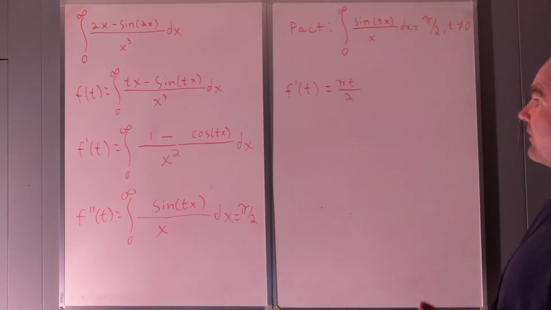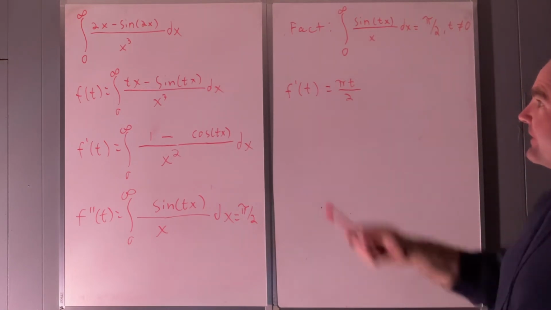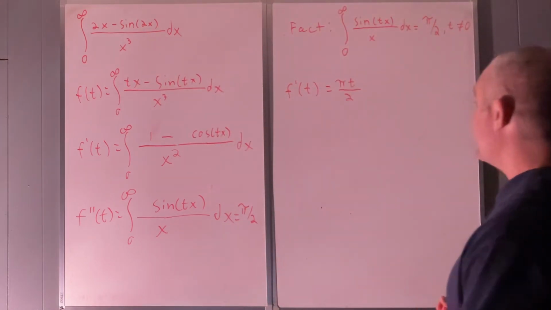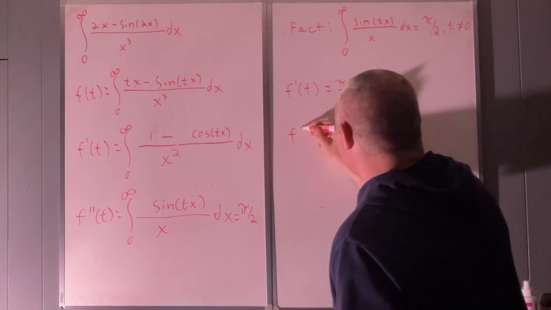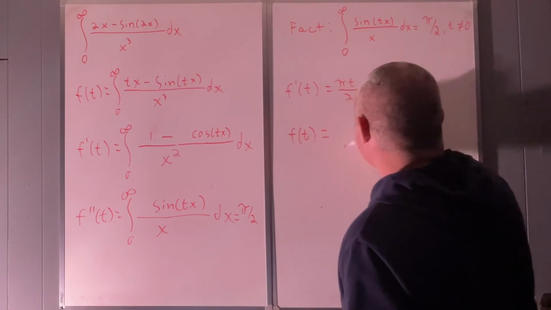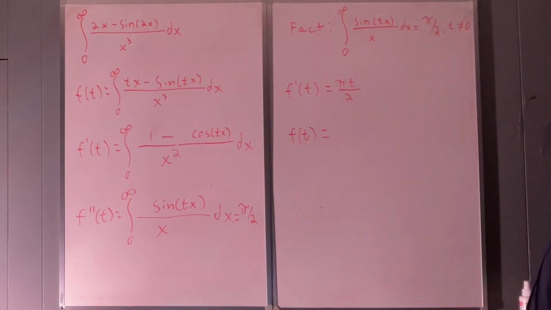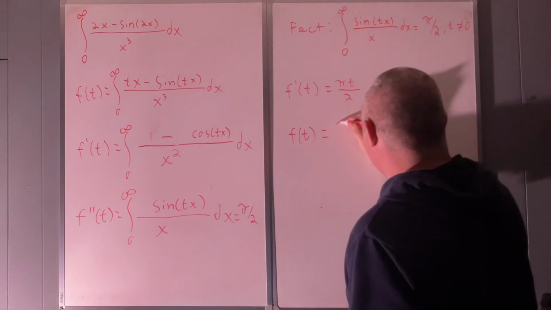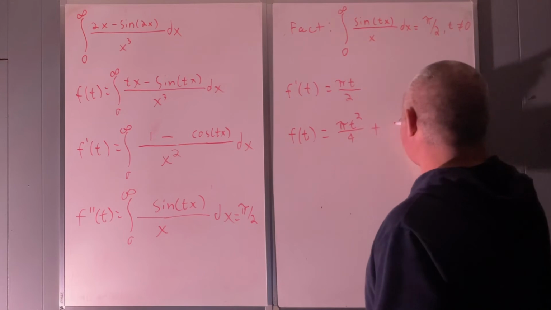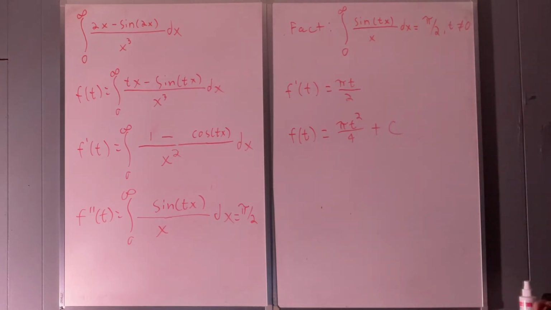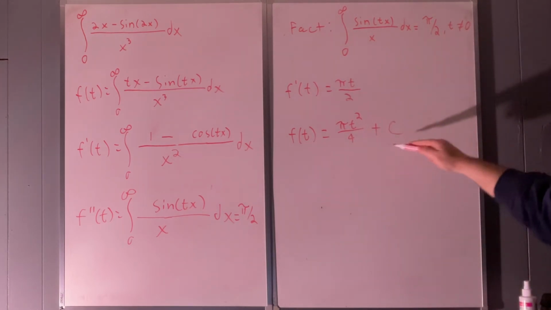All right, well, let's get back to f of t so we can plug in 2 to get our answer. So f of t is going to equal the antiderivative of this with respect to t, which is going to be pi t squared over 4 plus c again. Okay, so now let's get rid of this c.